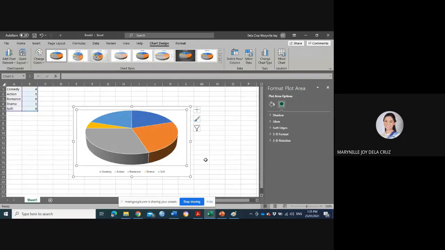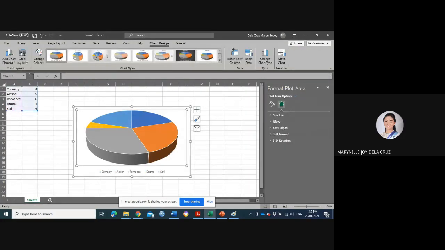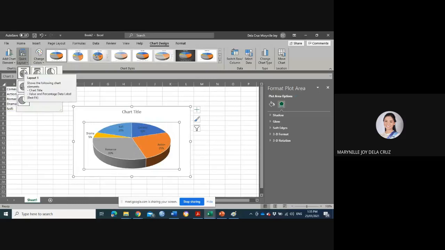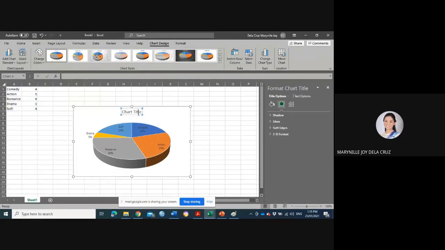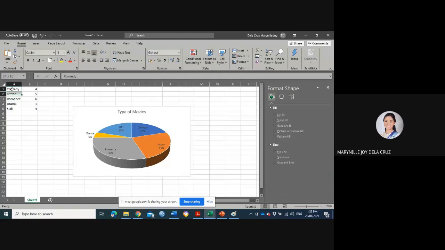So here's an example of the pie that I made from comedy, action, romance, drama, and sci-fi. So, dapat may ara gid ina siya nga legend, the title chart, and that is type of movies. And then after that, we encode all the needed information.